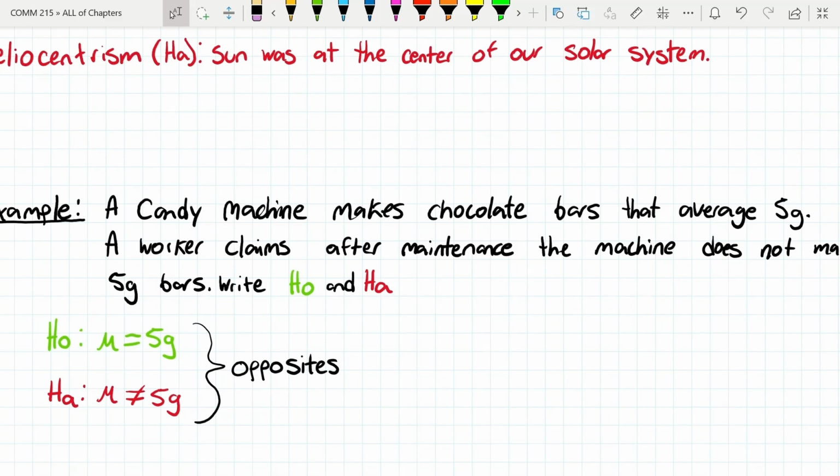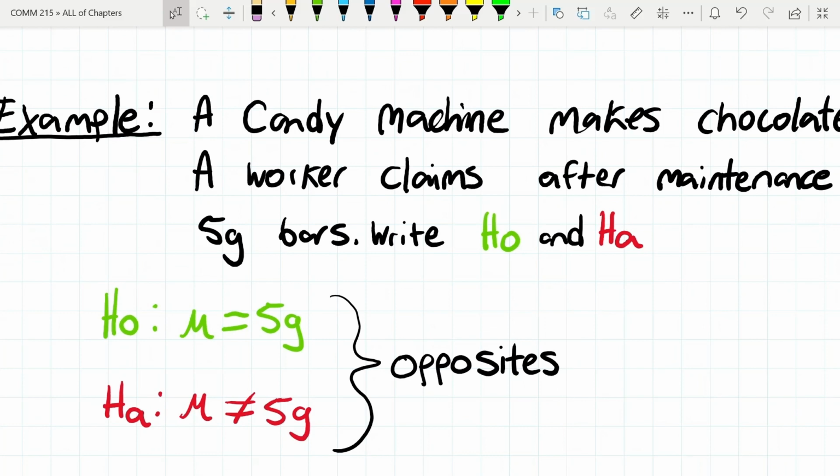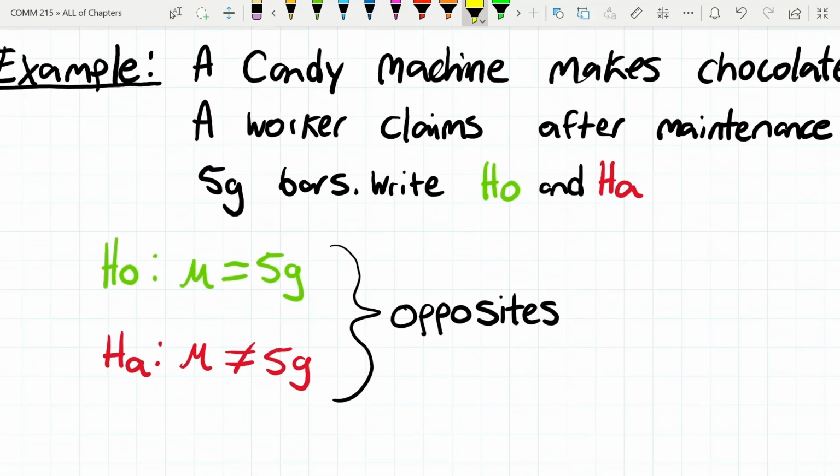grams. And what you can decipher from HA and H0 is that they will always be exactly opposite of each other. So here you see that mu is equal to 5 grams over here, and our alternative, which would be the opposite, sorry, I didn't mean to highlight that. Let me write that back. So our mu does not equal 5 grams.